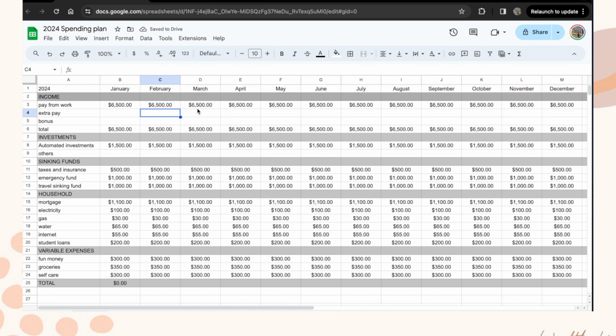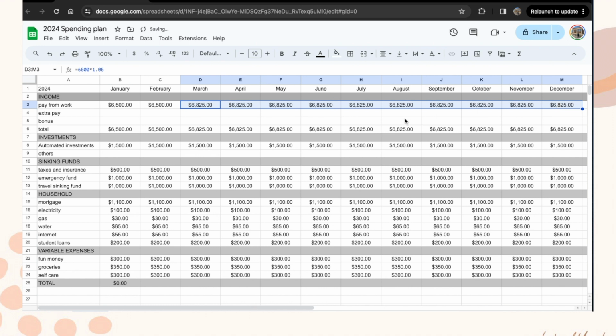I expect to get a pay increase in March. I don't know what it will be right now, but something like 5%. So in March, my pay will go up to $6,825.